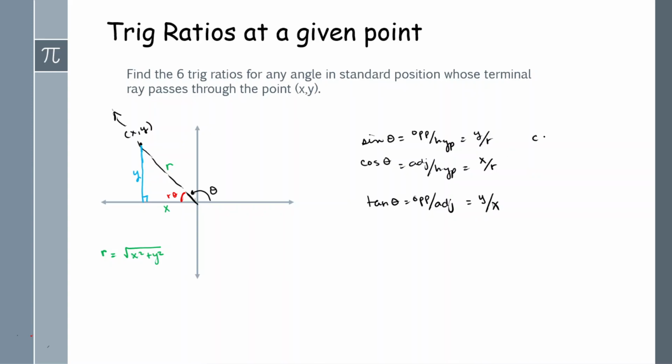That then allows me to find the reciprocal functions. Cosecant would be r over y, secant would be r over x, and cotangent would be x over y. Okay, so we can relate our trig functions to the x value and y value of that point.